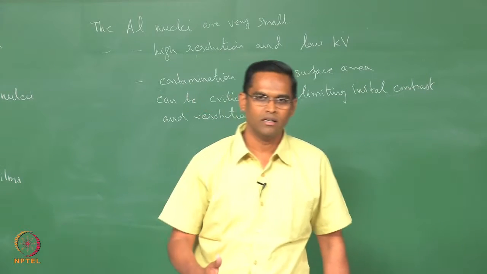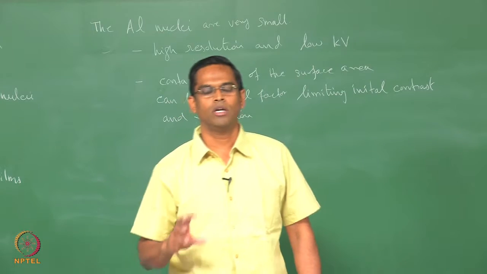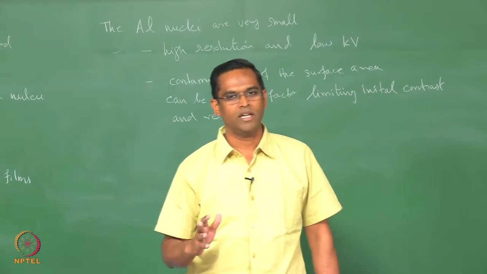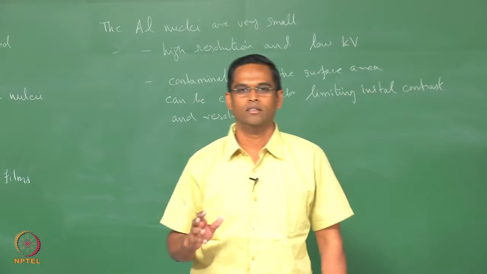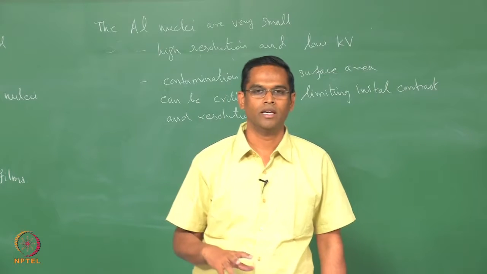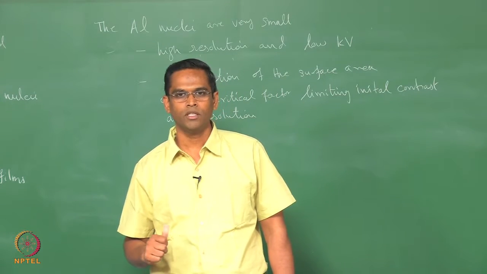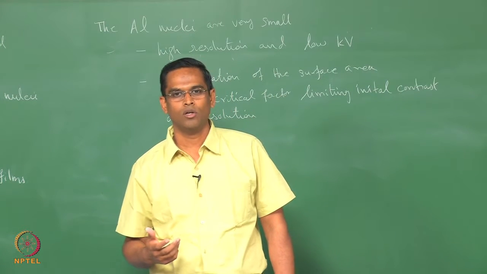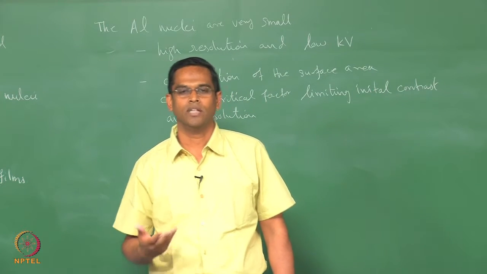So, the image is taken immediately. This is one typical case study which clearly demonstrates how contamination can affect your resolution and contrast in SEM. Similar precautions you should take when you want to examine such samples.